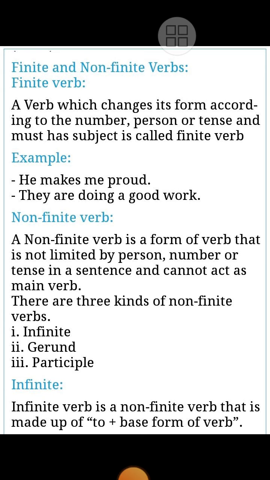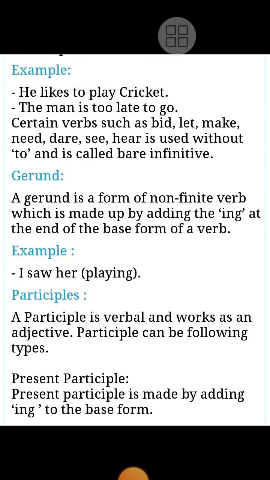Infinitive verb is a non-finite verb that is made up of 'to' and the base form of the verb. Example: he likes to play cricket. The man is too late to go. Certain verbs such as bid, let, make, need, dare, see, hear are used without 'to' and this is called bare infinitive.